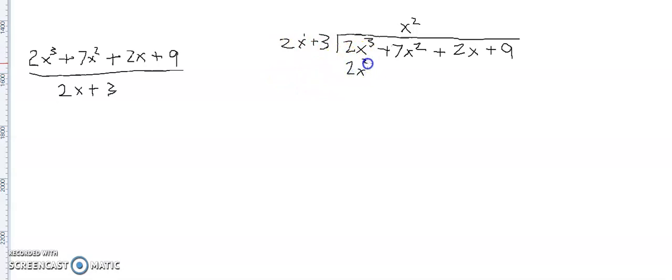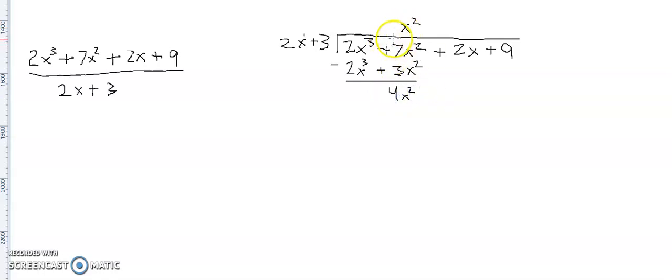But we have to make sure we multiply this x squared by the 3 as well. So we have 3x squared on this side. And we're subtracting this, so these two cancel out, giving us 0. And here we have 4x squared.